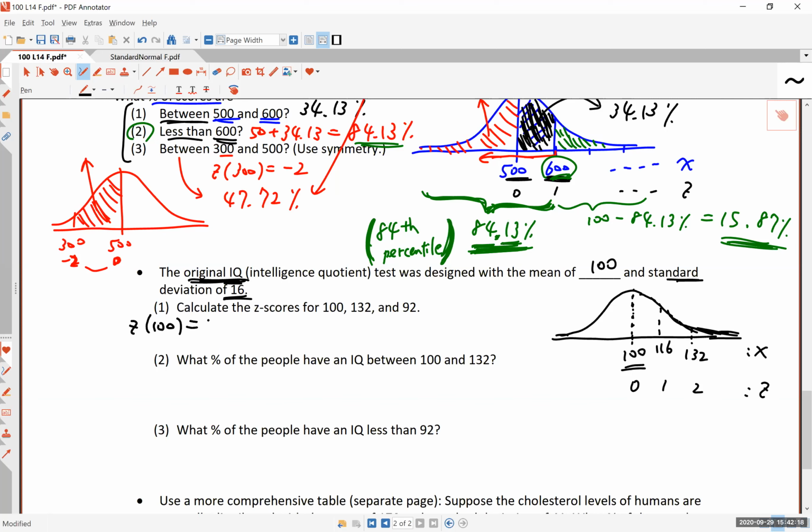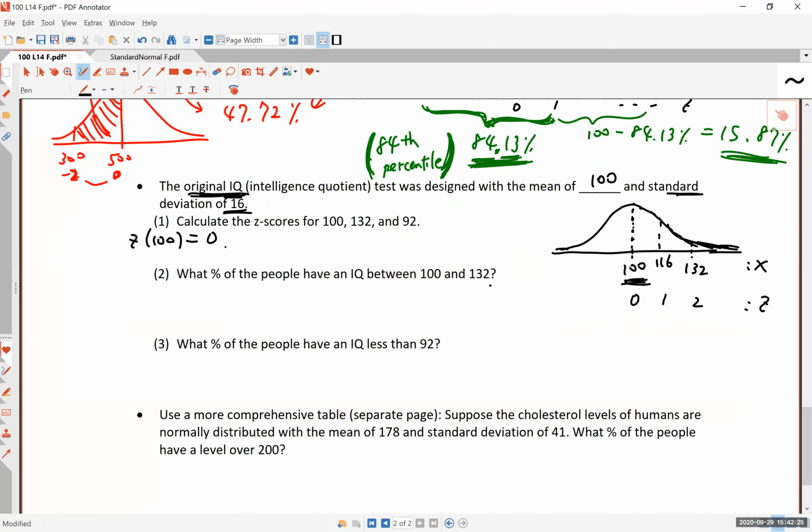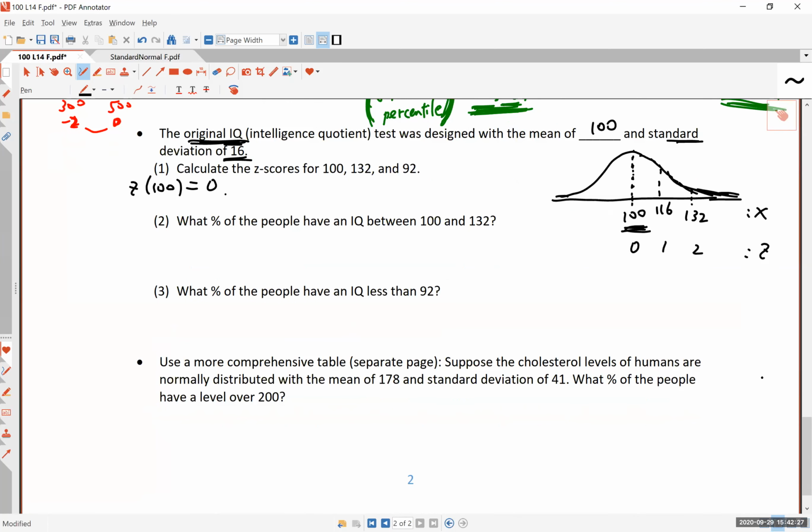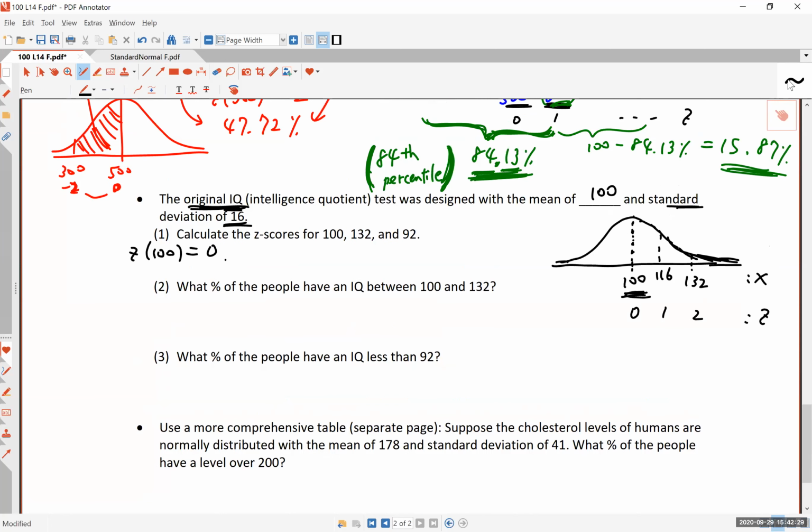Well, we didn't have to do that because this is the mean, so the Z-score has to be equal to 0. Get that? Try to find the rest of this, and then I will come back and discuss the rest when you go into the next ones. I want you to find this, this, and this, and see if you can answer these questions before we go into the next segment of this lecture video.